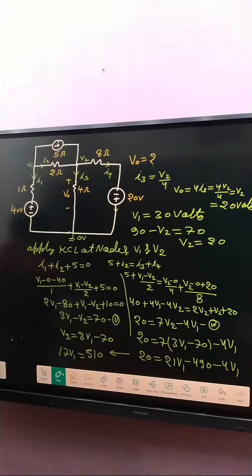If anyone faces doubt in any step, then tell me, I will discuss again. That is 20 volt. So first of all, make a note of it, everyone. After that, I will take another problem.